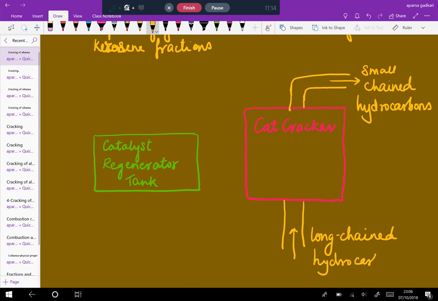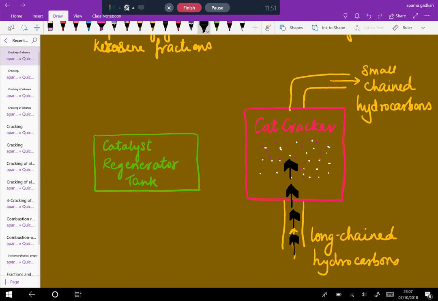Now what happens is, when the process begins and the long chain hydrocarbons are fed into the cat cracker, the catalyst present in the cat cracker, which you can see here, a mixture of aluminum oxide and silicon dioxide, starts to break down the long chain hydrocarbons coming here.